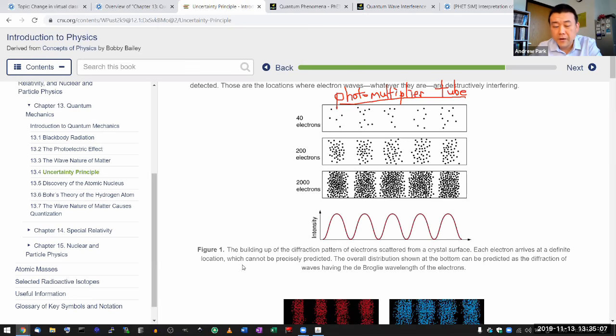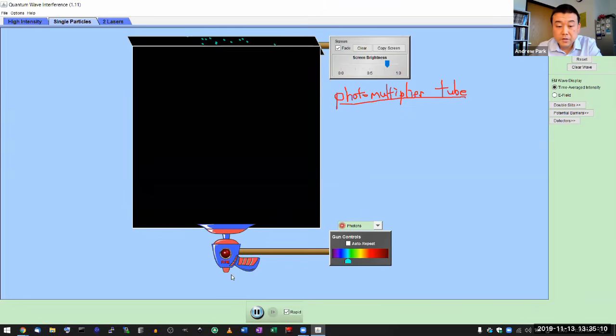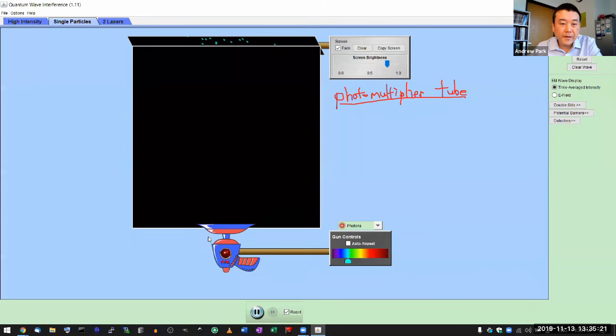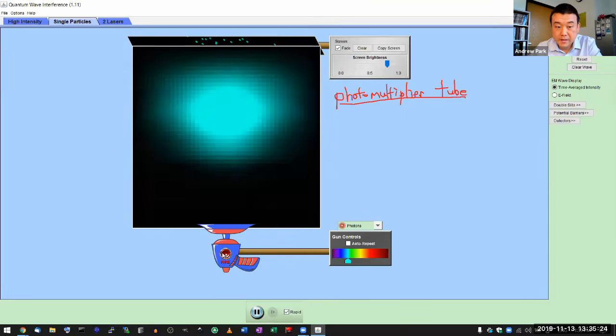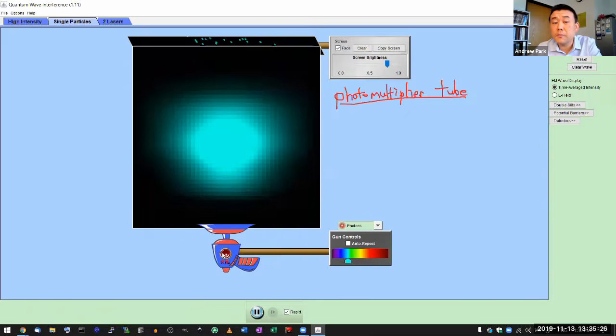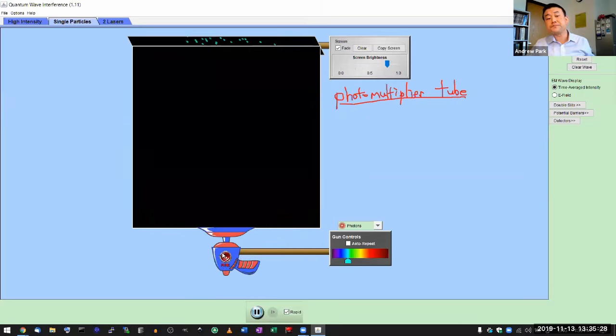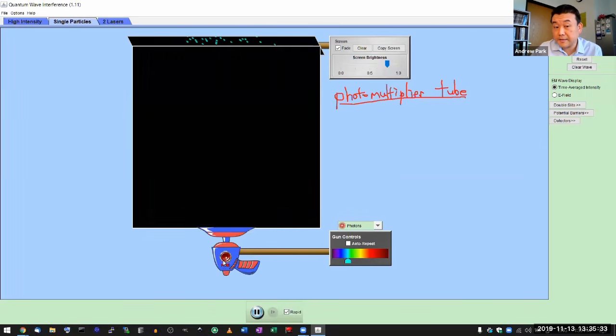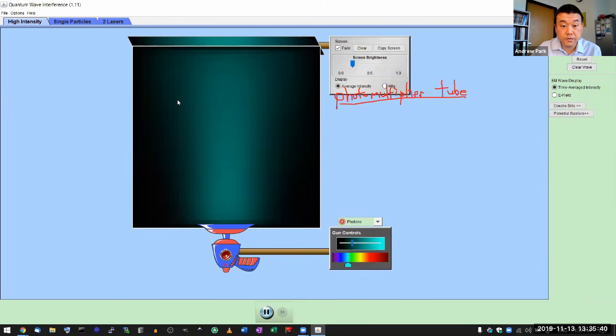So when am I going to see a picture that resembles this better, where I have a spread out distribution of intensity, and it looks like light from a light wave? It turns out if you fire this enough, so you have enough photons on the other side to build up significant statistics, that's when you begin to see a pattern that resembles the high intensity version of the simulation.